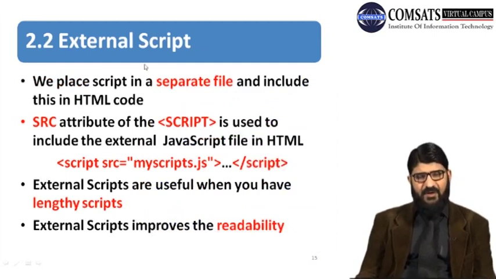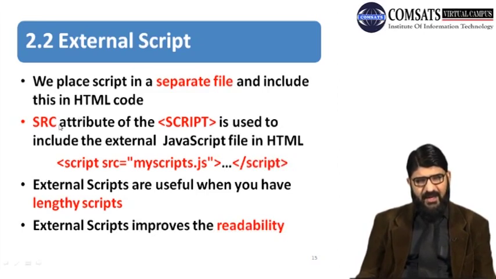Now the second category of JavaScript is external script. When we place a script in a separate file and include this in HTML code, it is said to be an external script. So basically, when we are creating a separate file just like external CSS, that is similarly said to be external JavaScript.